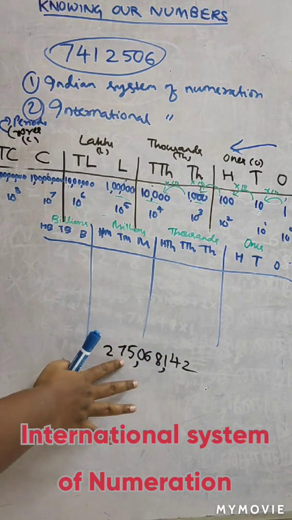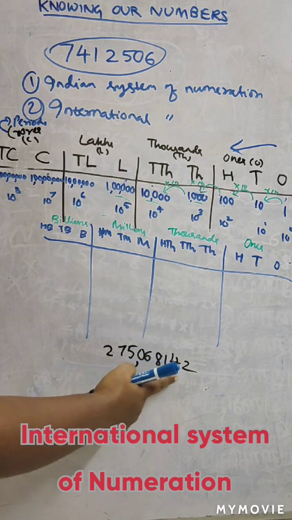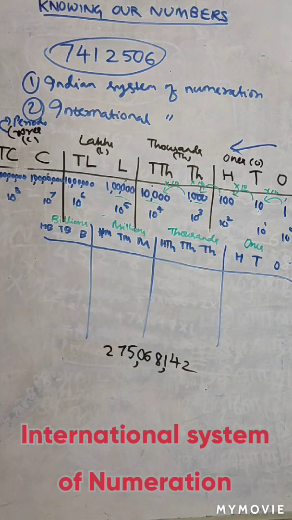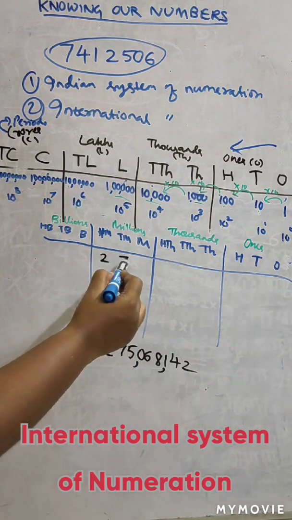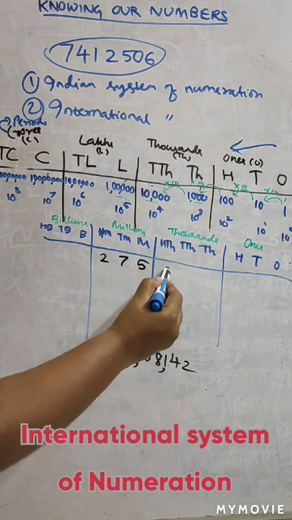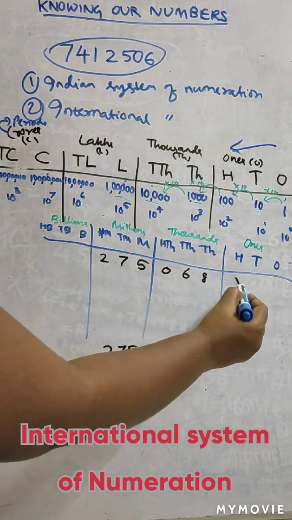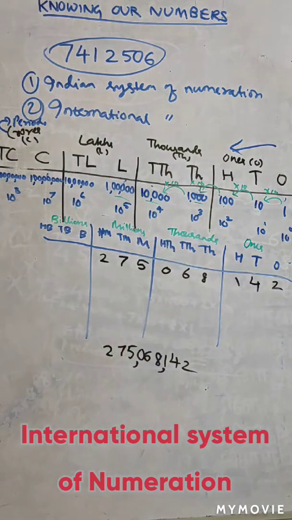So how do I read this? 275,068,142. If I place it in the place value chart, 275 is in my millions period, then 068 is in my thousands period, and finally 142 is my ones period. So this is how we write it in the international system of numeration.